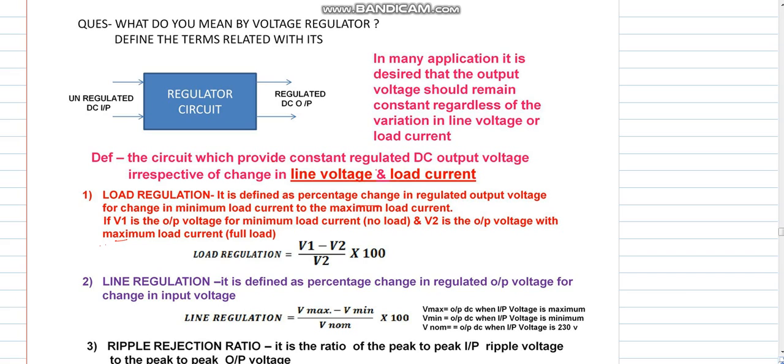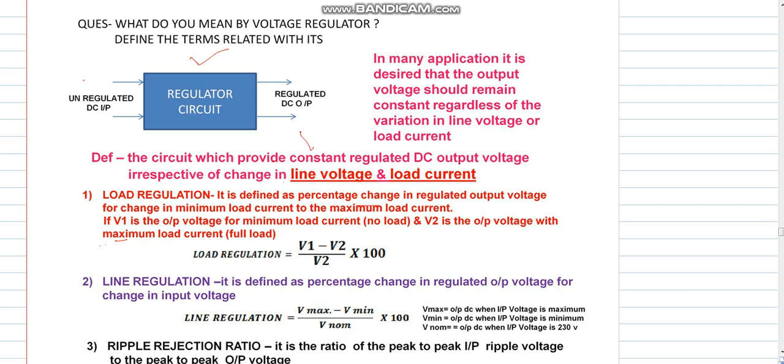But that pure form of DC is not regulated. In many applications of a DC power supply, the output voltage should remain constant regardless of variation in line voltage and load current. For that purpose, a regulator circuit is used.